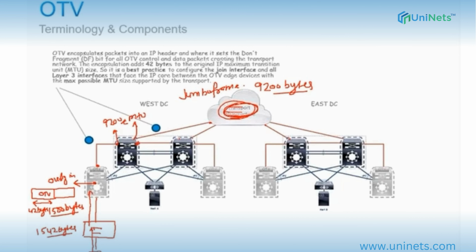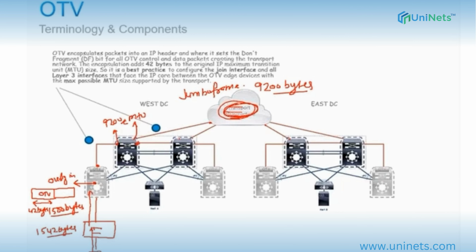Why? Because once you configure OTV on the Nexus device, the Nexus doesn't fragment the traffic. Generally, if a packet comes in greater than 1500, the switch or router fragments it into smaller packets, less than 1500.